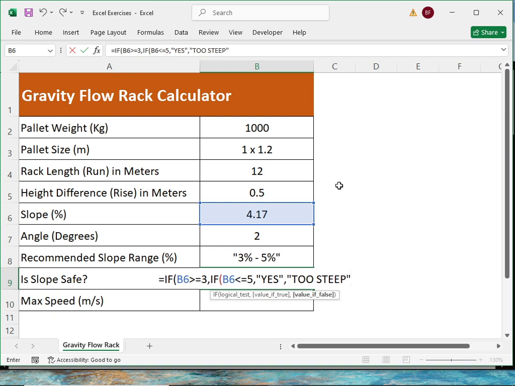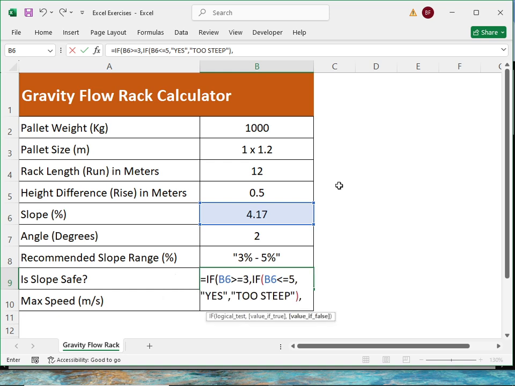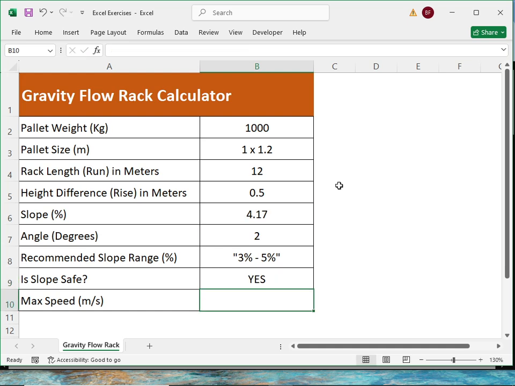But I'm going to add one more, which is too flat. Then I close it and press enter.